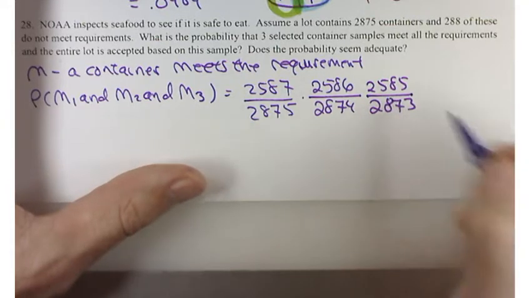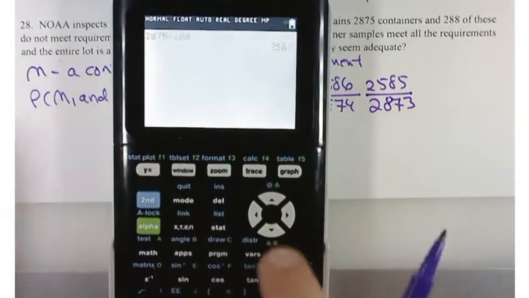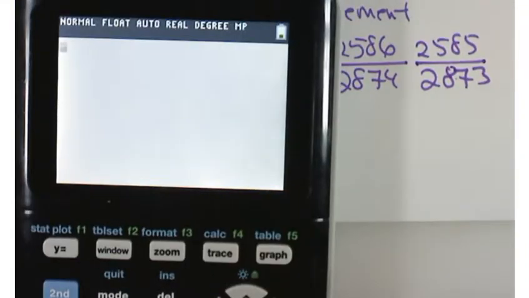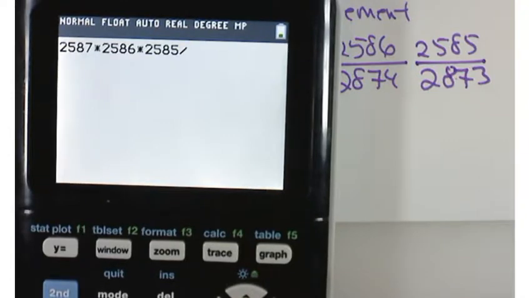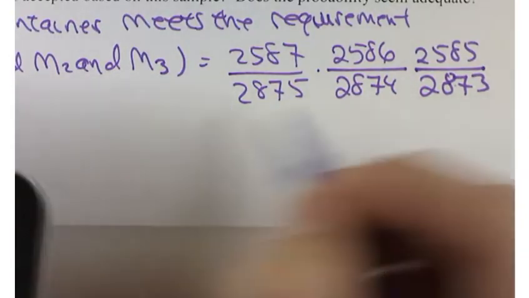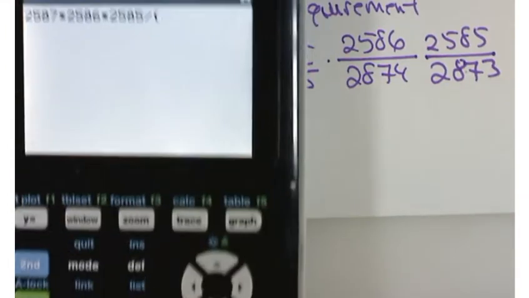Perfect. Thank you. So let's calculate that probability then. What I'll do is multiply 2587 times 2586 times 2585 divided by, now when you do the divided by, we have to divide by this whole thing, so we have to be careful. We want to put that denominator in parentheses.